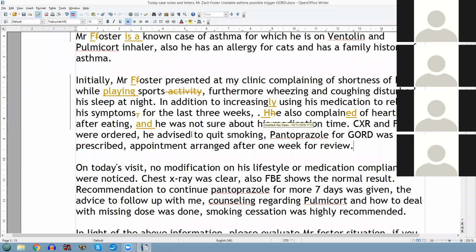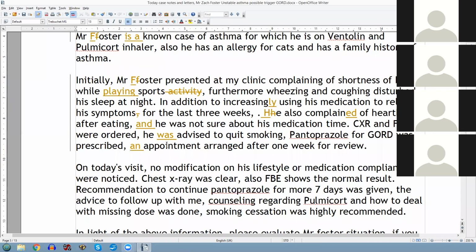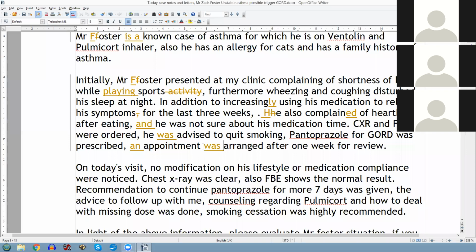He advised himself to quit smoking. He was advised, or I advised him, if you want to make it active instead of passive. So he was advised to quit smoking. GORD was prescribed. Appointment arranged after 1 week. What? An appointment was arranged after 1 week for review.